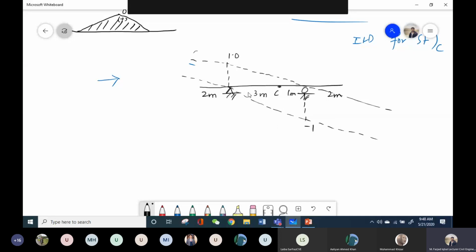Now this person said that you can remove these two extended portions, but before removing them, you need to connect these two lines at that point for which you need to plot. This pen is not working.